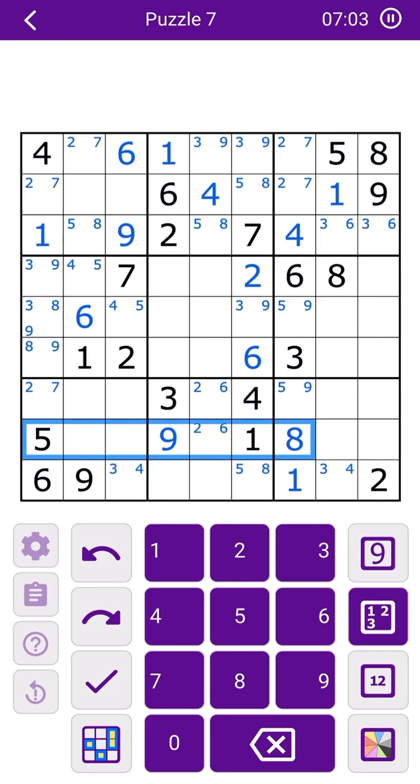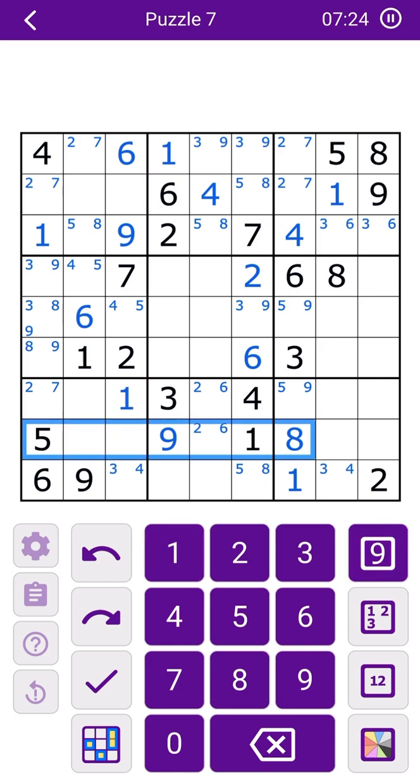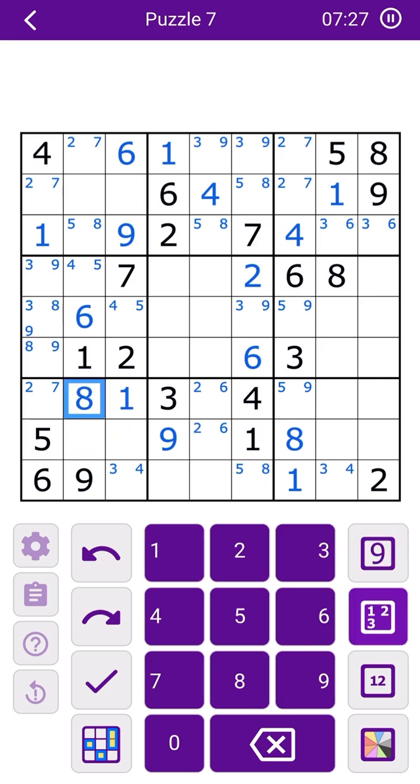what does that tell us? So 8 has to go here or here. And then we also need 2, 7, 3, 4. Oh, well, we can place 1, right? Because 1 can't go there or there. So we can place 1 here, which means 8 has to go here, which makes this a lot easier.